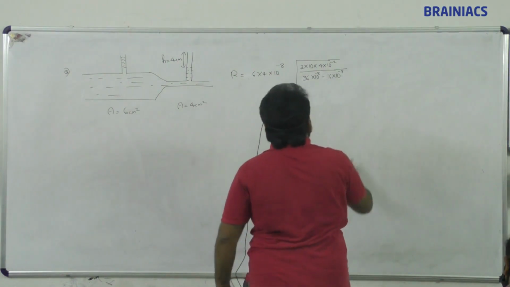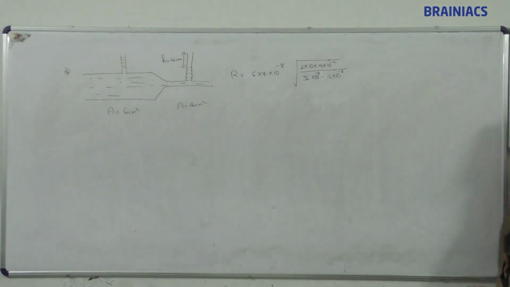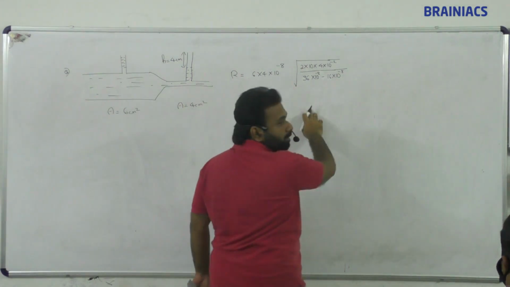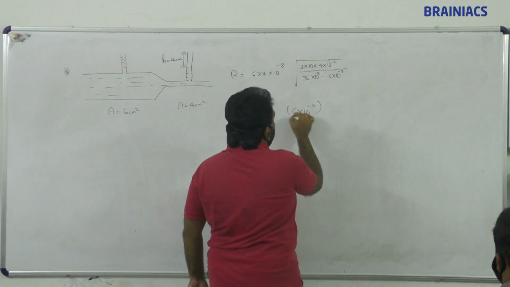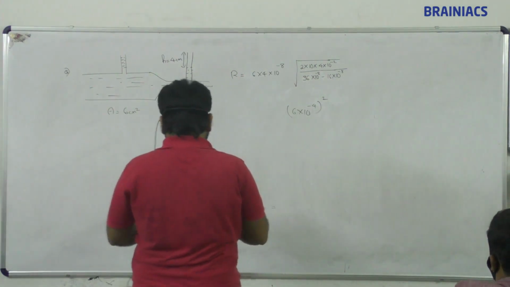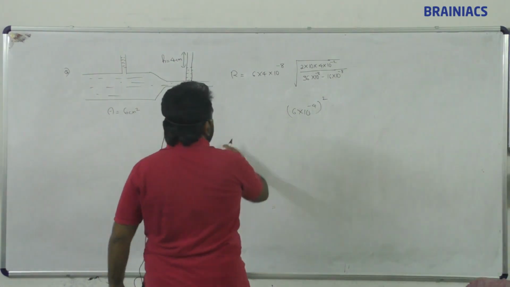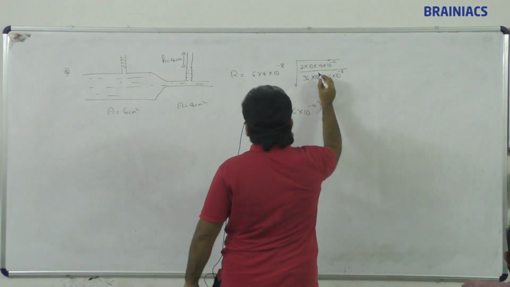Is it correct? A1 square minus A2 square. So 6 into 10 raised to minus 4, the whole square. Correct? What is the formula? A1 square minus A2 square. 36 into 10 to the power minus 4.